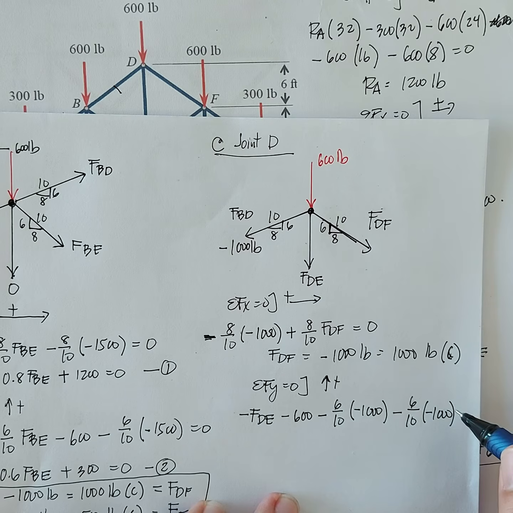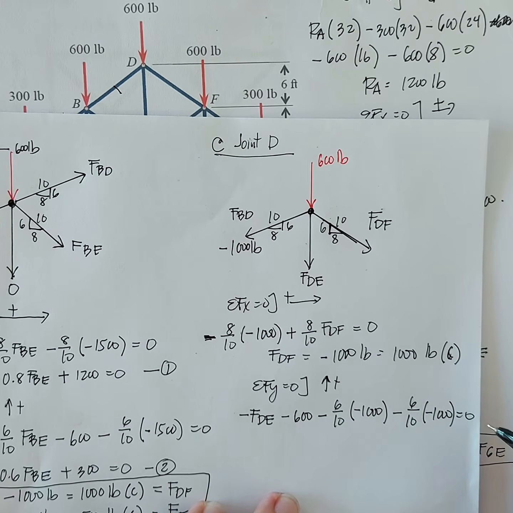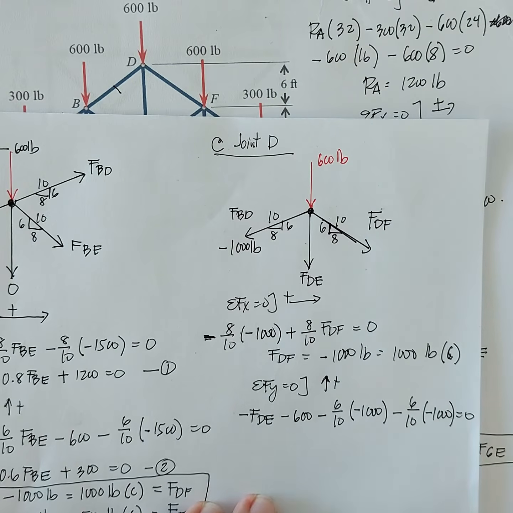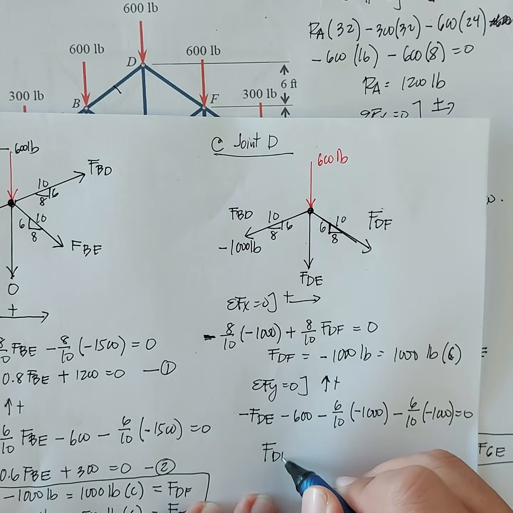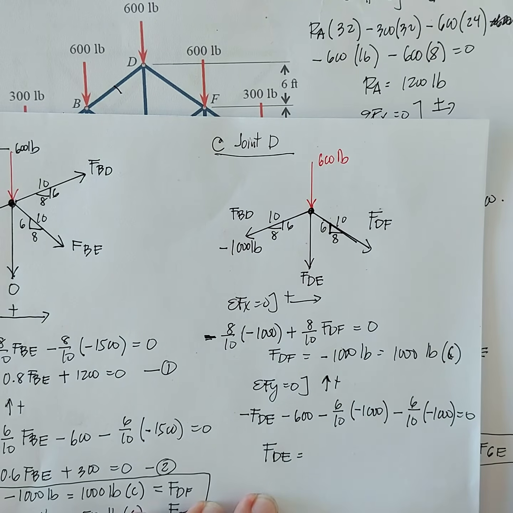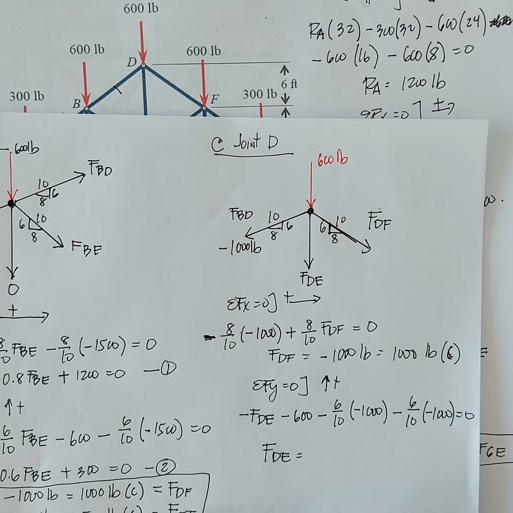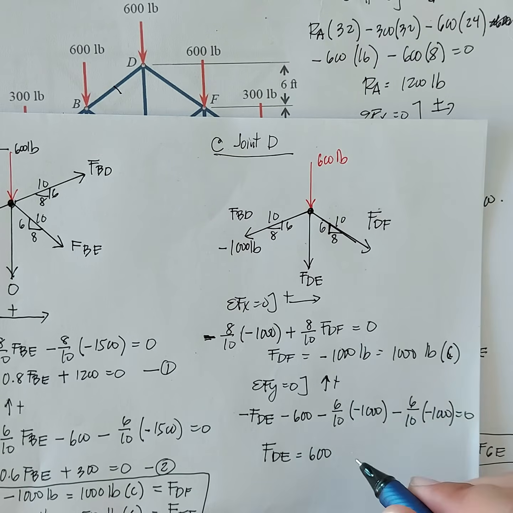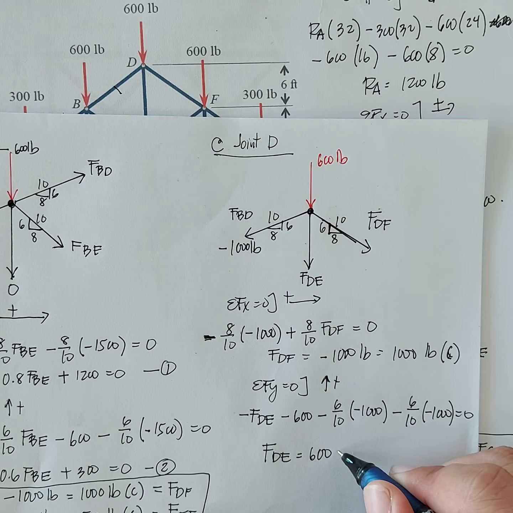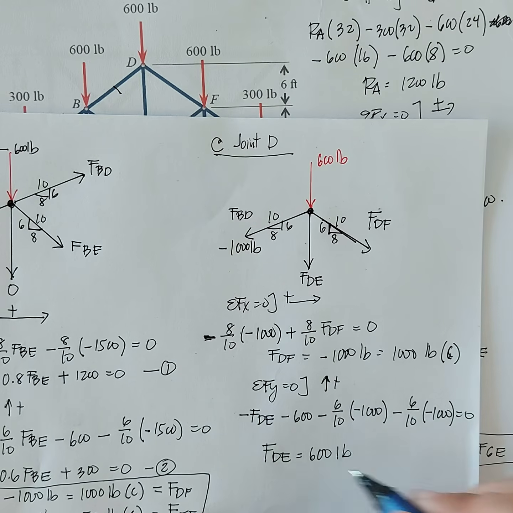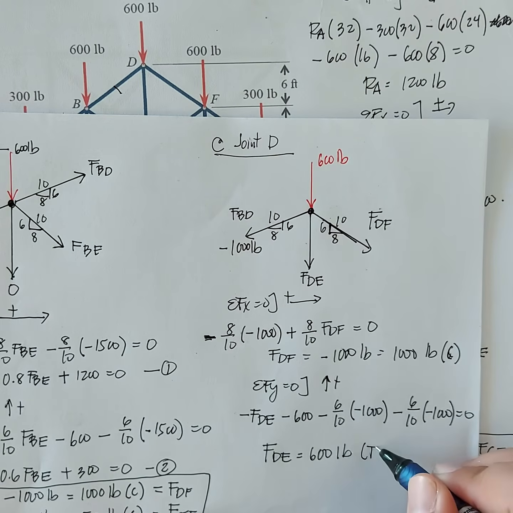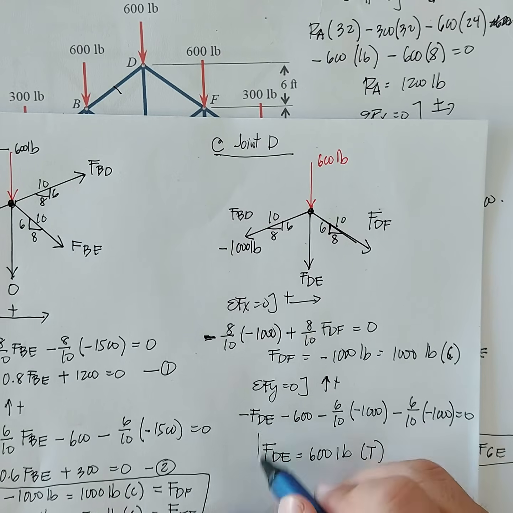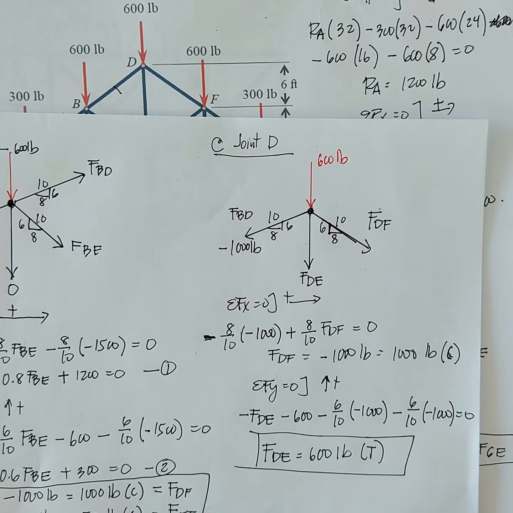Other vertical forces, I think nandiyan na lahat. Equate na yan to 0. So FDE is equal to 600 pounds. Positive siya, so tension yung FDE. Okay, tension.